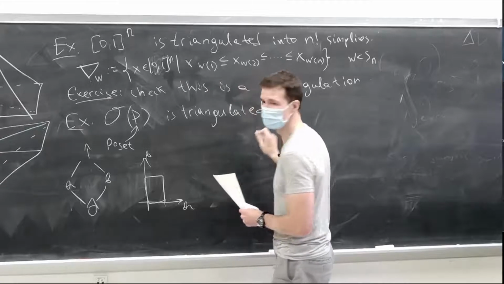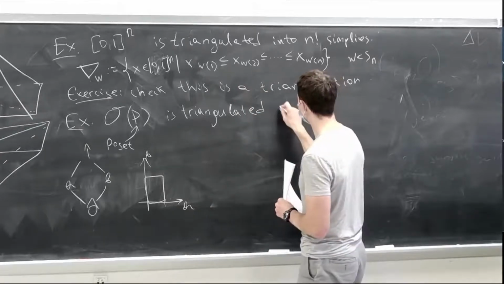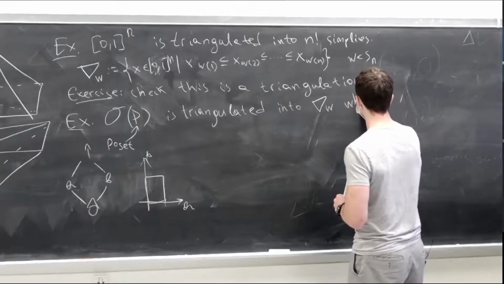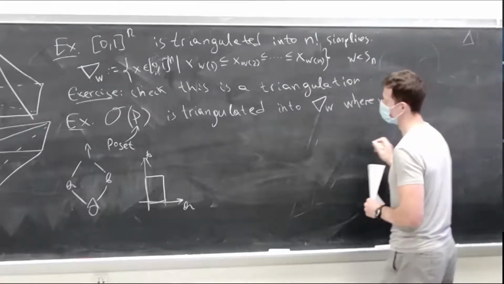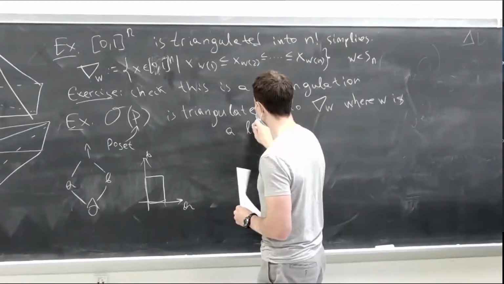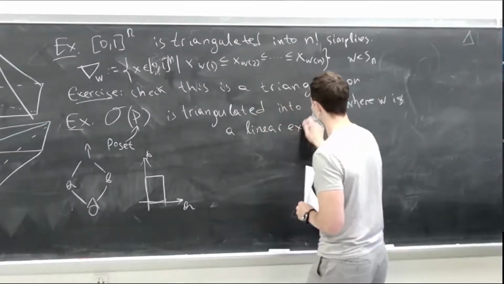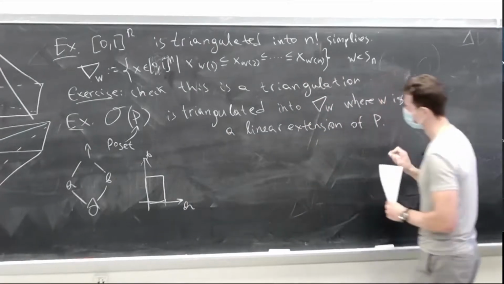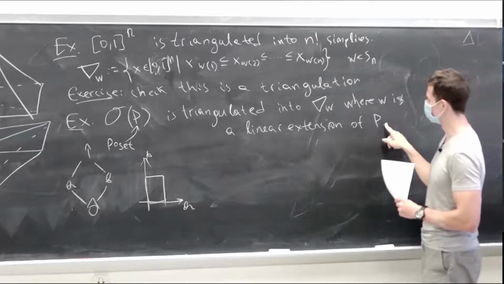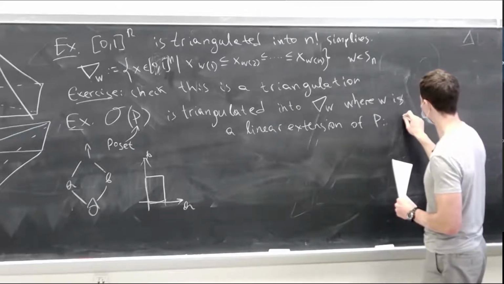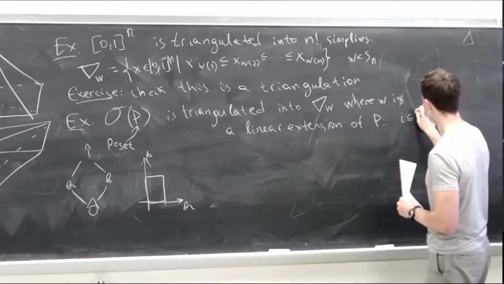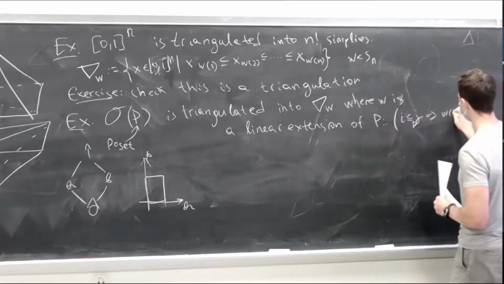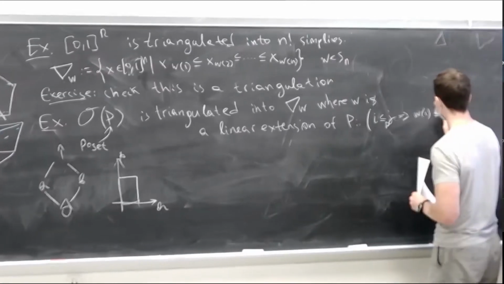The order polytope is triangulated into simplices nabla sub W, where W is what is called a linear extension of P. A linear extension just means that i less than j in P implies that W of i is less than or equal to W of j.